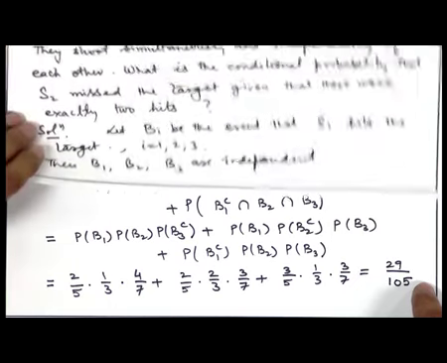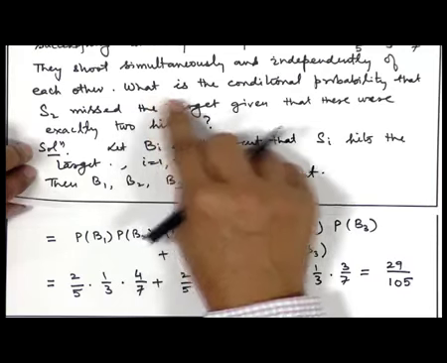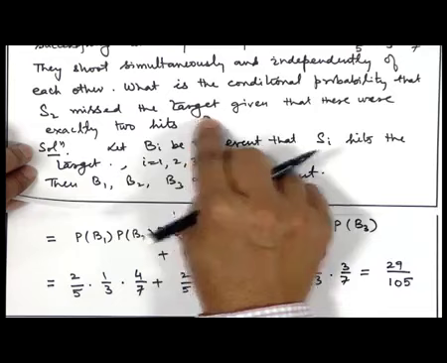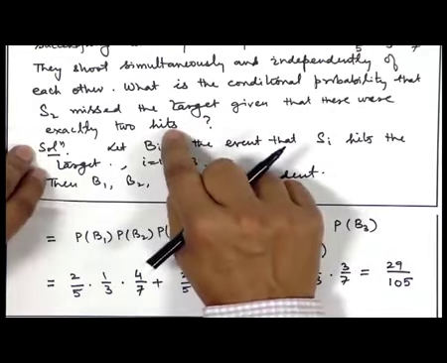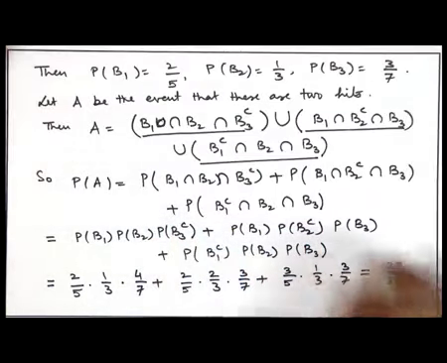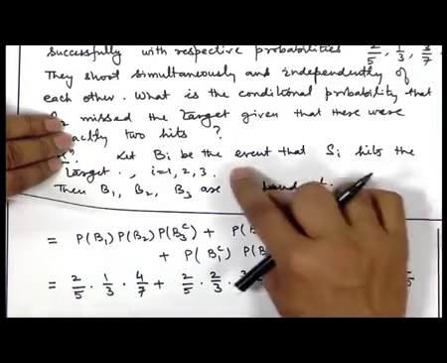Now, if I look at the question that is asked here, what is the conditional probability that S2 missed the target, given that there were exactly 2 hits. So, B2 is the event that S2 hits the target, so S2 missing is B2 complement.